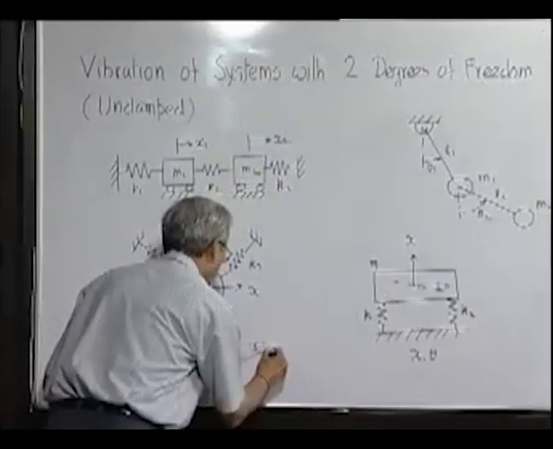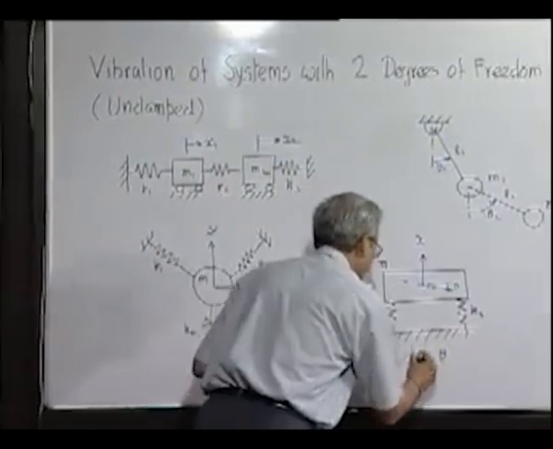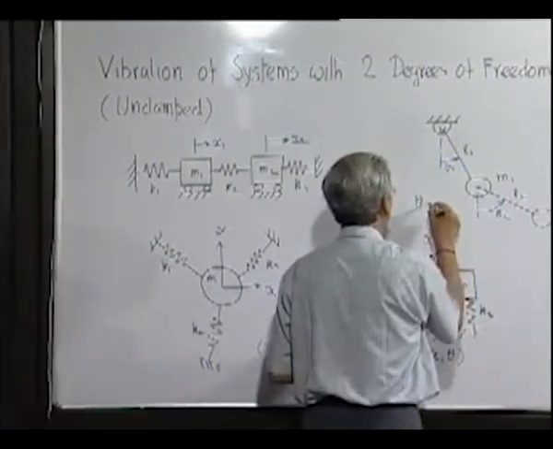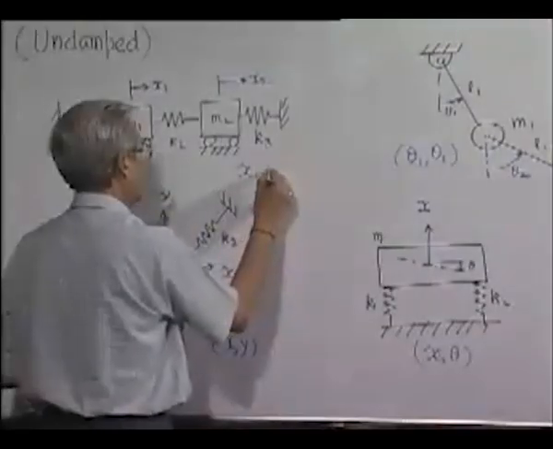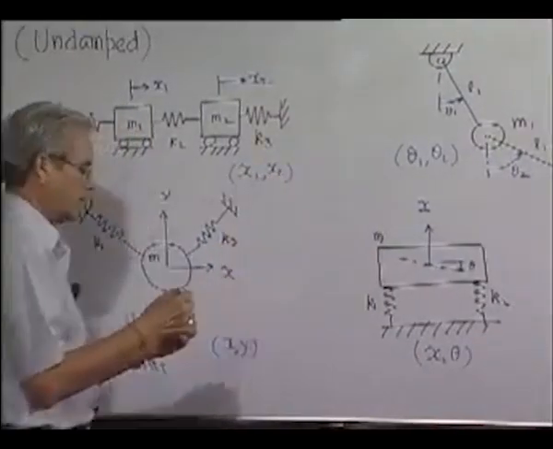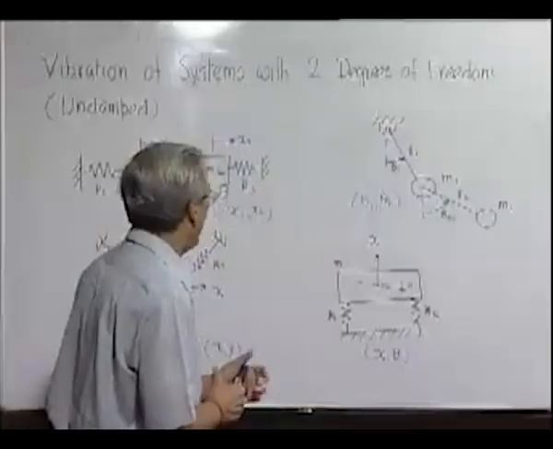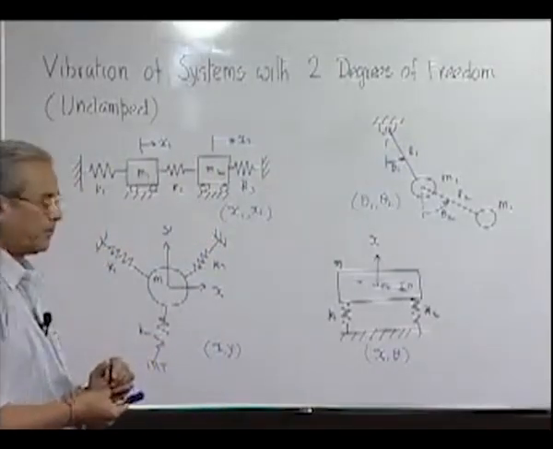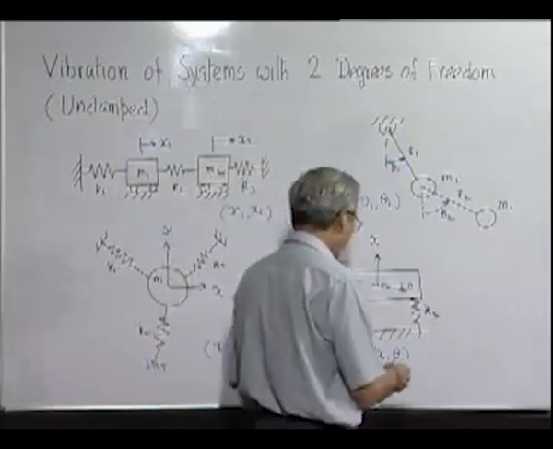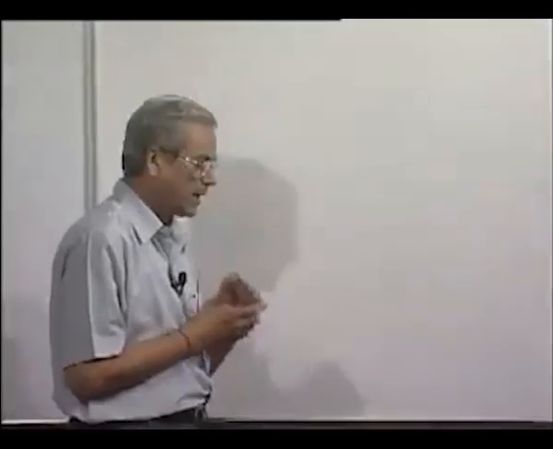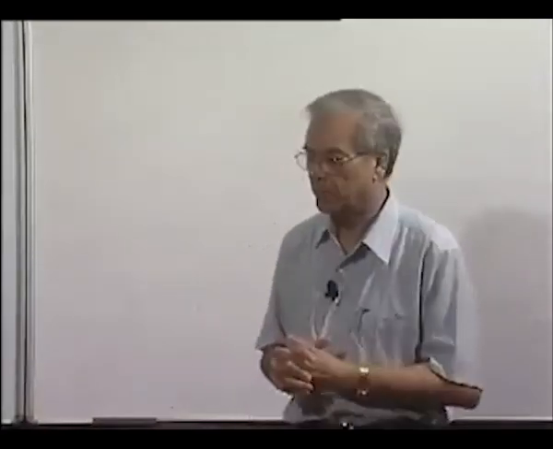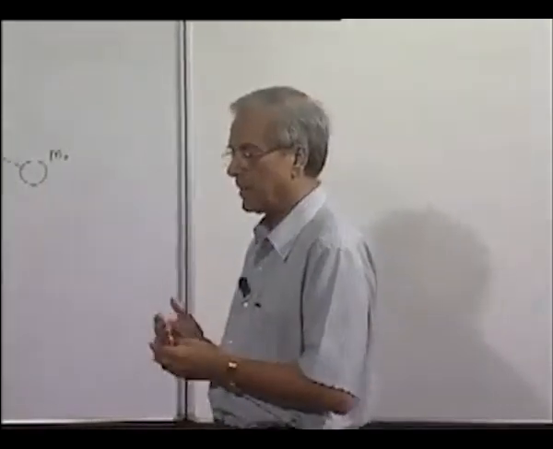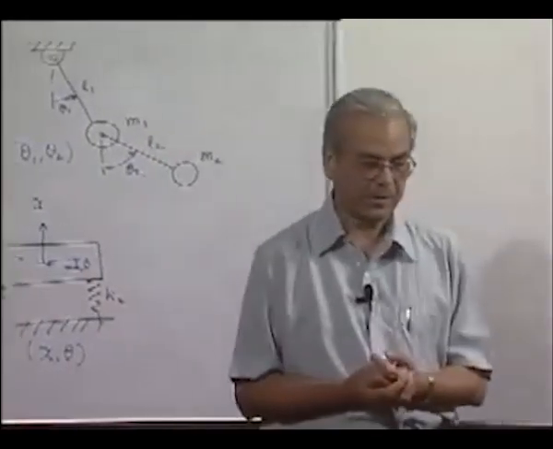Maybe the center of mass of the body can have only vertical motion, but again it can have a tilt. So x and theta will be the 2 coordinates. Here x and y were the 2 coordinates. Here theta 1 and theta 2 are the 2 coordinates required. Here x1 and x2 are the 2 coordinates. So these are some examples of 2 degree of freedom system.